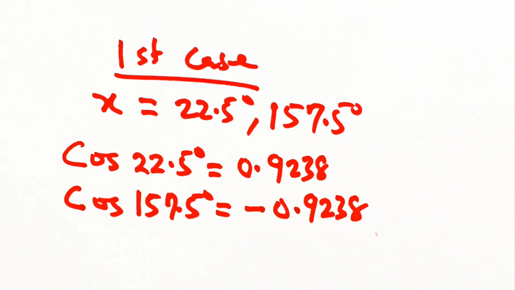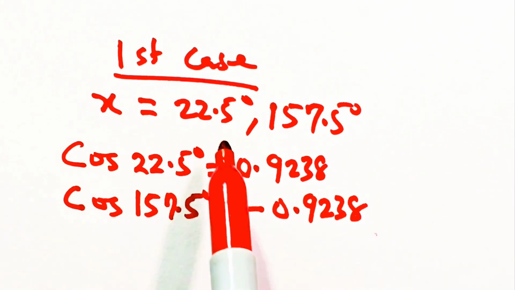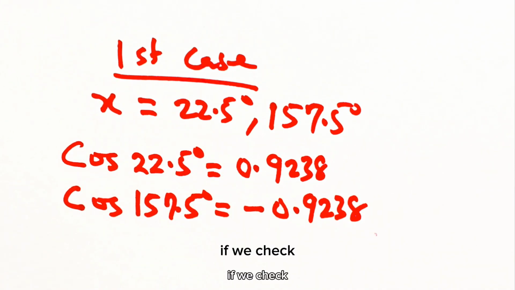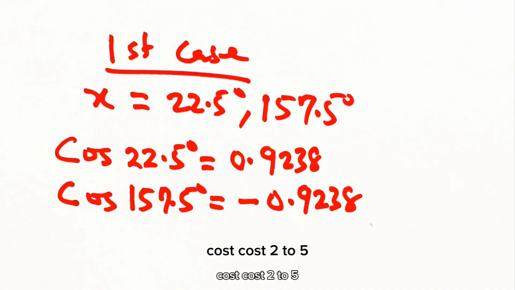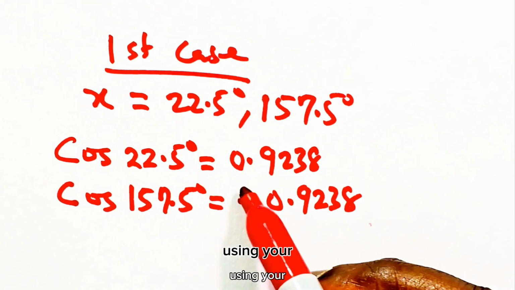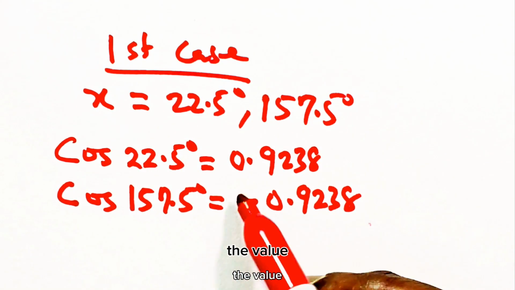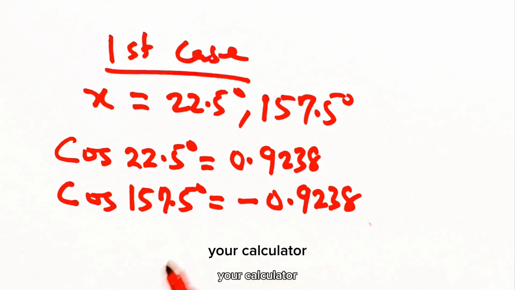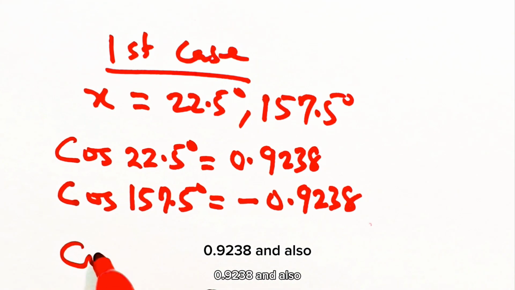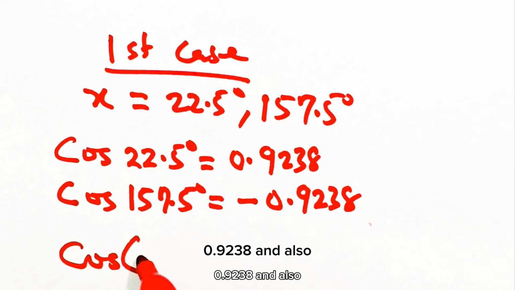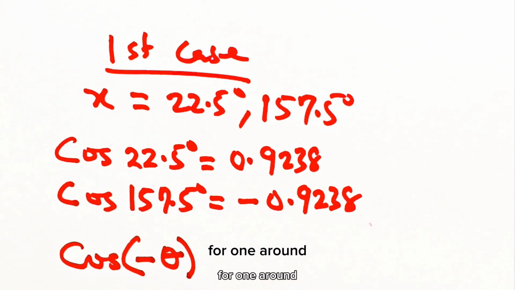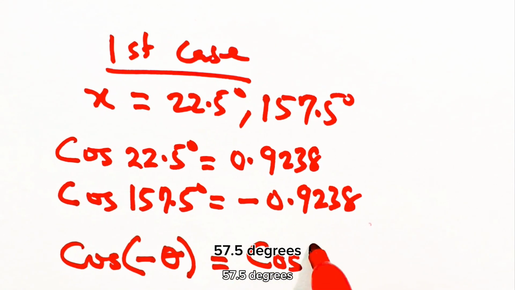But this is very important. Whatever you get from both of them should have the same value. You might be thinking, why do we then have minus here and we have plus here? But don't forget this identity that says that if you have cos of minus theta, this is the same thing as cos theta.